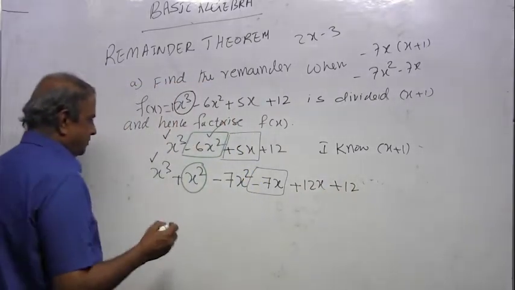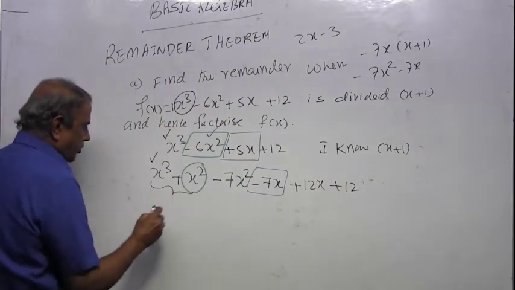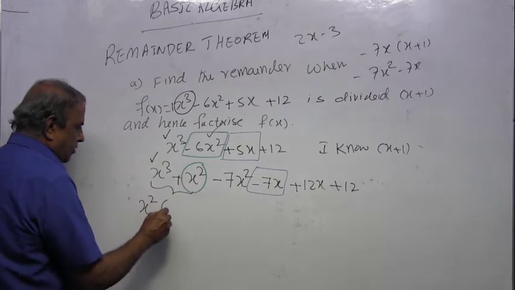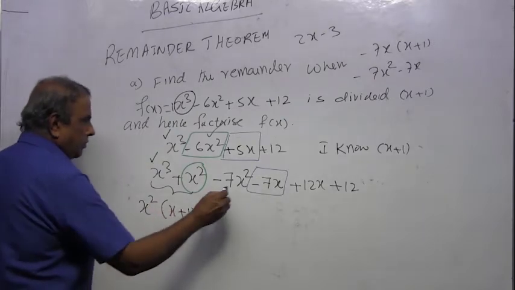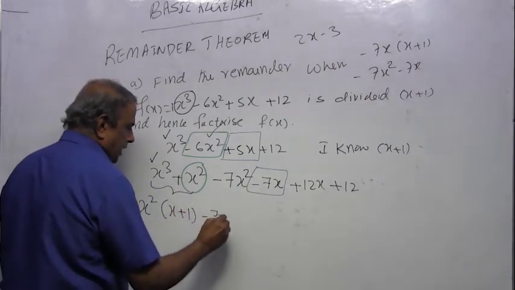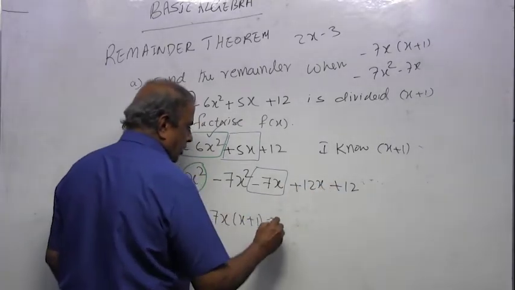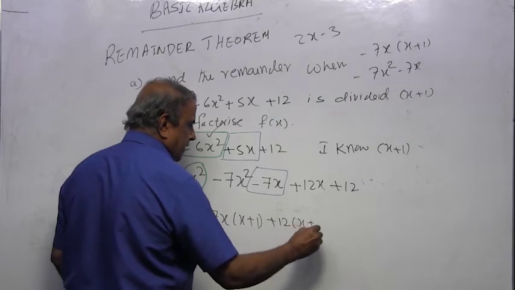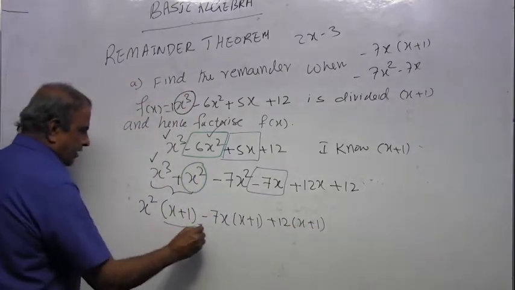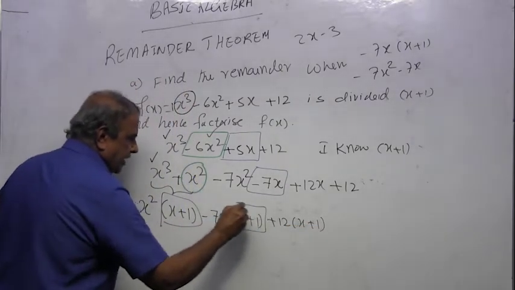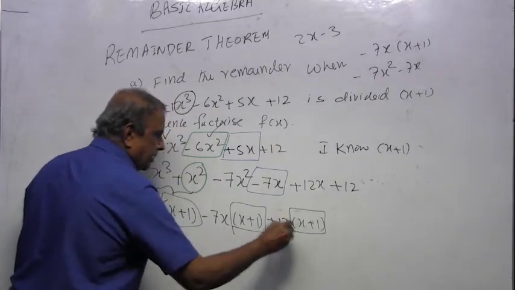Now look at this. Between these two, I can remove x squared common factor. Between these two, I can remove 7x common factor. Between these two, I can remove 12 common factor. So look, there is an x plus 1, there is an x plus 1, there is an x plus 1.